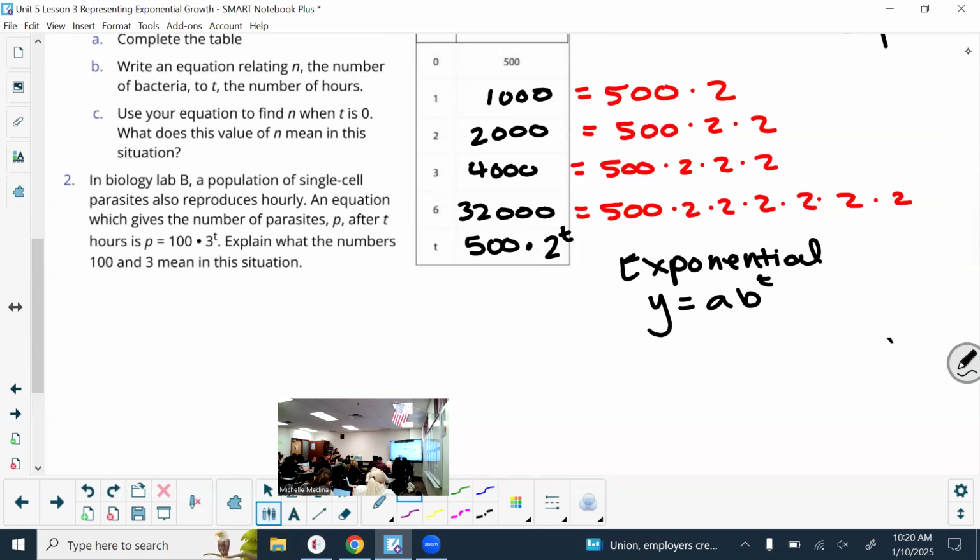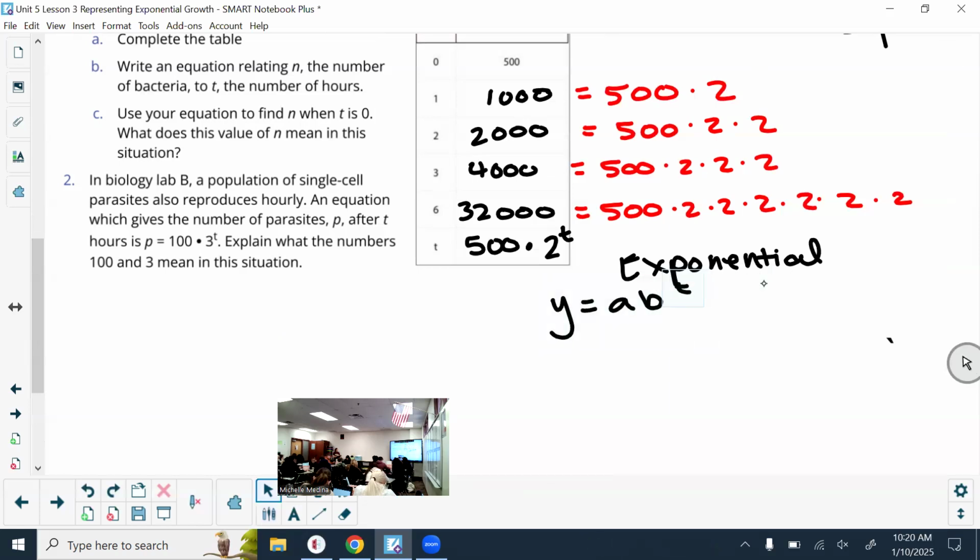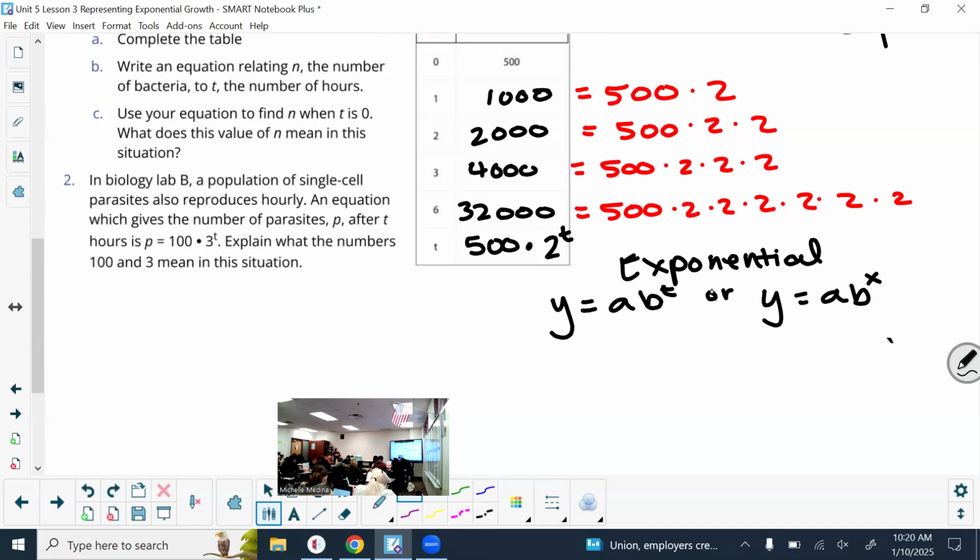I'll put 2 ways of writing it, whether you like using x for input or t for input, since time is normally your x anyway. These are both going to mean the same thing.